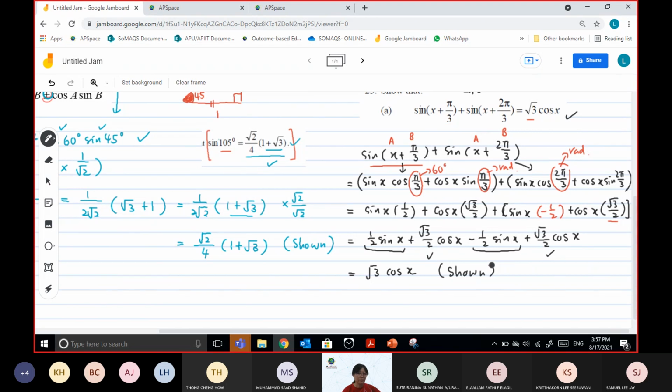Okay, any question? Yes. In calculator, cos pi over 3 shows the answer 0.998. Cos pi over 3.